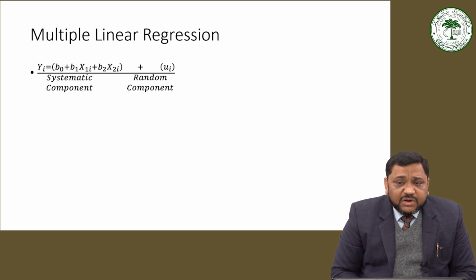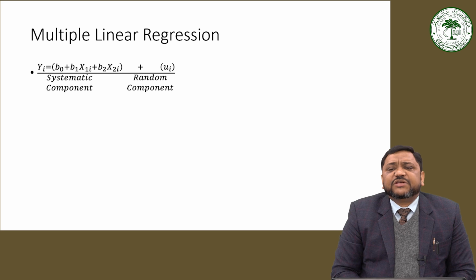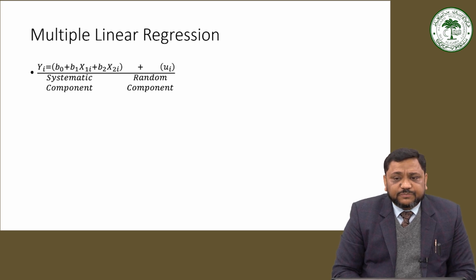Some will lie on it, some above it, some below it. This scatter is due to the various factors omitted from the function. The influence of such factors is taken into account by this random component, that is ui.